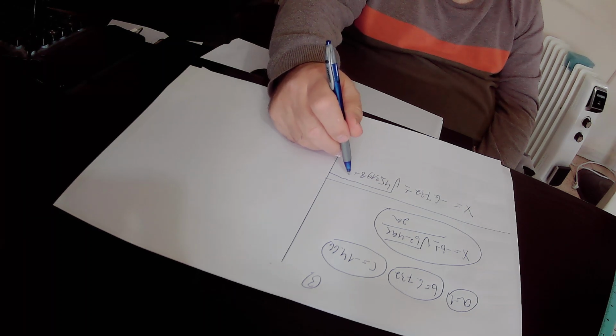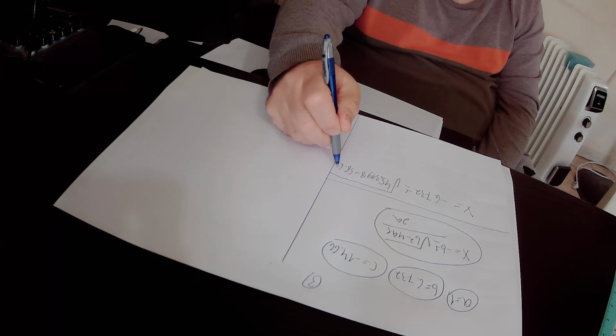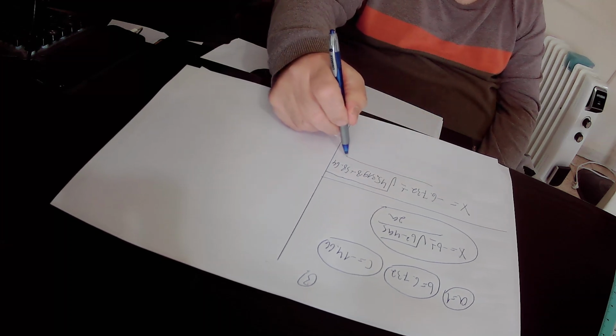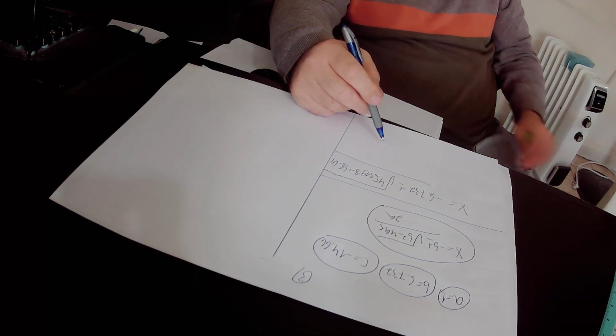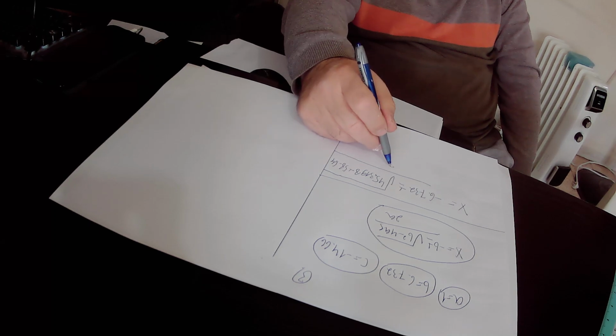So it is plus 58.64 divided by 2a. A is 1, so 2a is 2 times 1, that is 2.